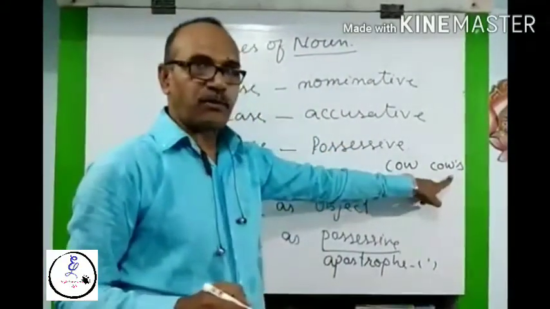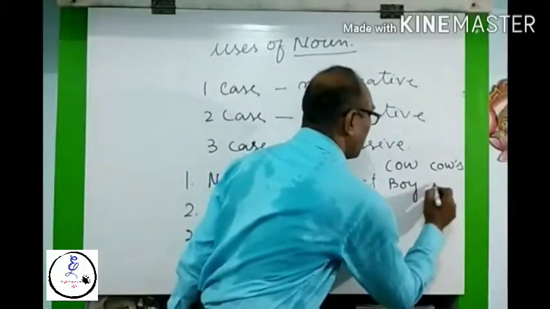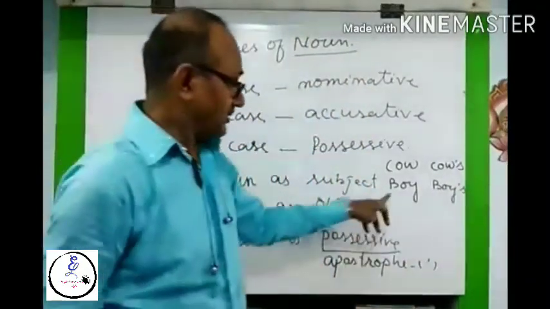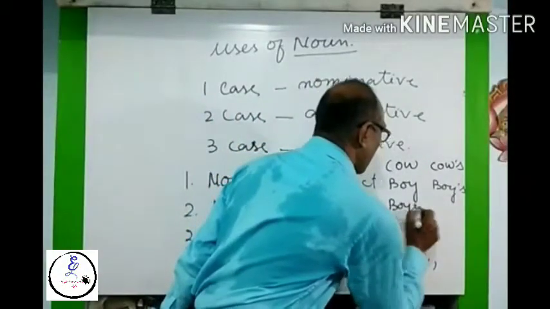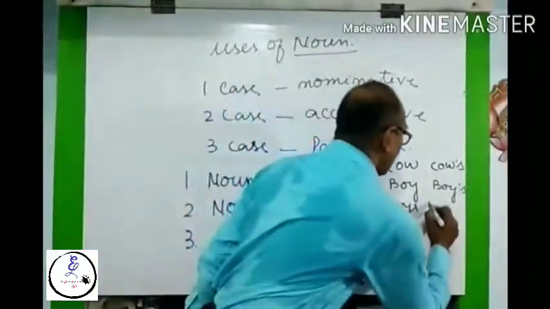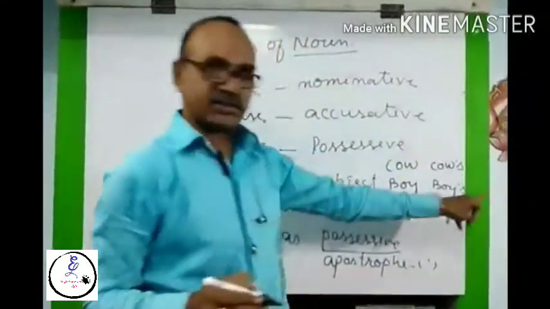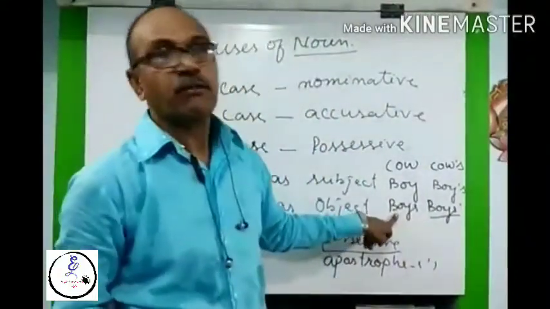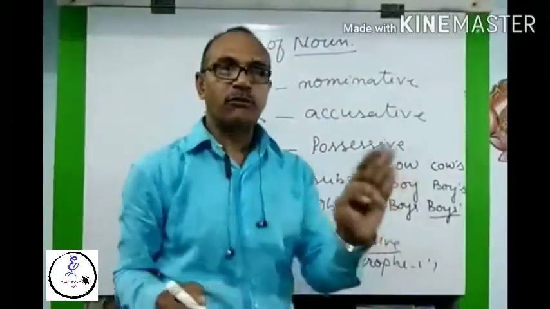That becomes the possessive form of cow. Like boy, boy's. If it is plural, like boys, then we put the apostrophe after s. Then this will be the possessive form of boys. So this is the technique of making a noun into possessive form.